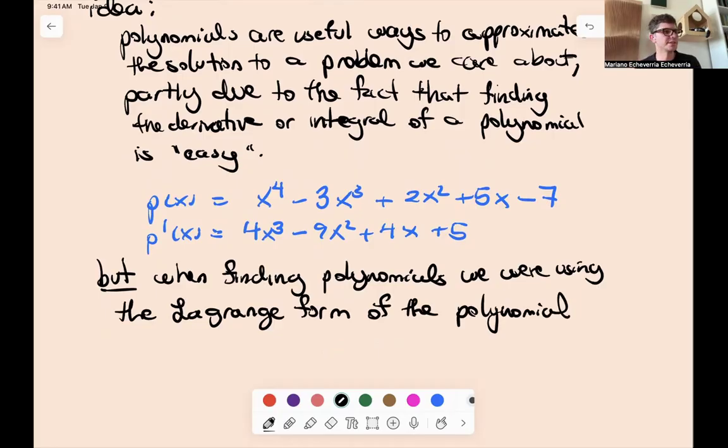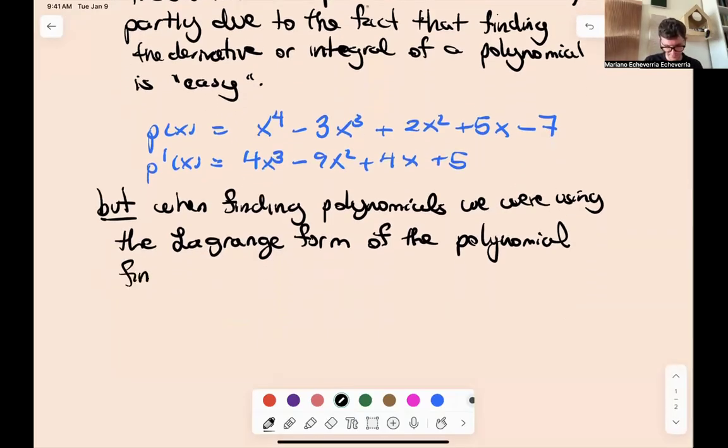And maybe you noticed that when we were talking a little bit about how to approximate the derivative using Taylor's formula and polynomials. But if you write the polynomial in the Lagrange form, then finding the derivative can be more tedious than if you have the polynomial written down term by term. So finding the derivative is more costly.